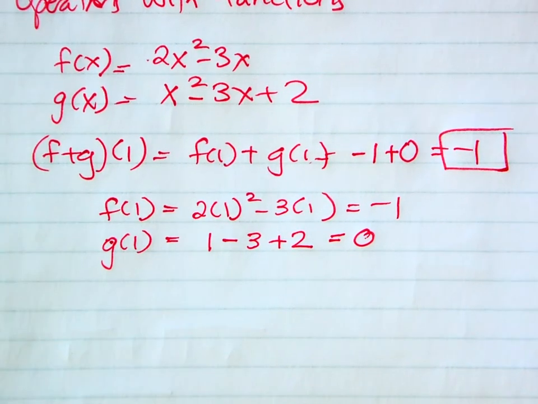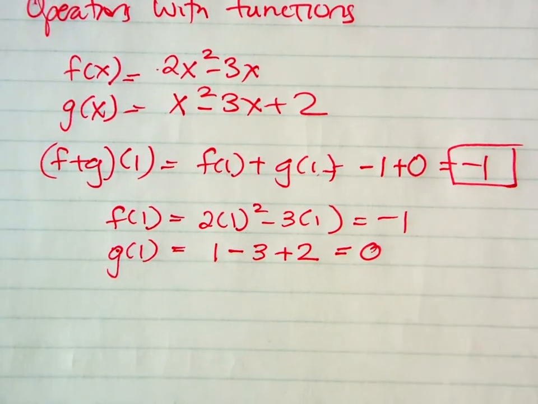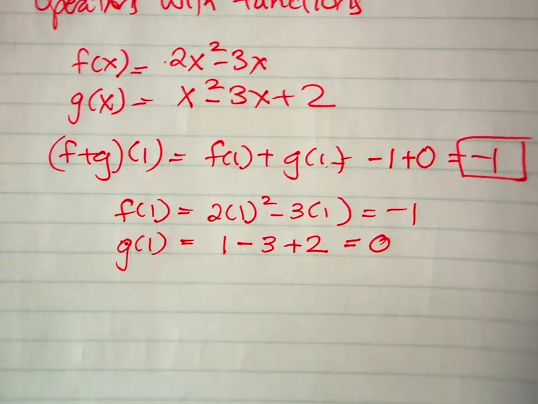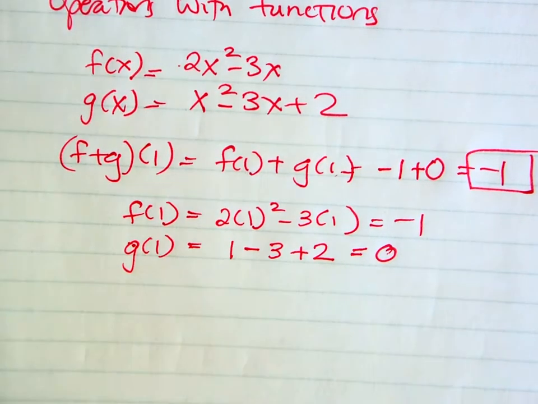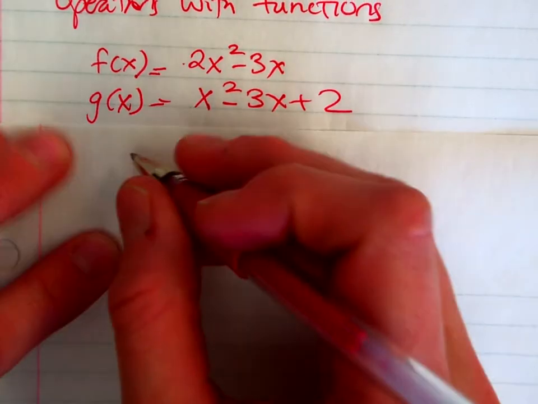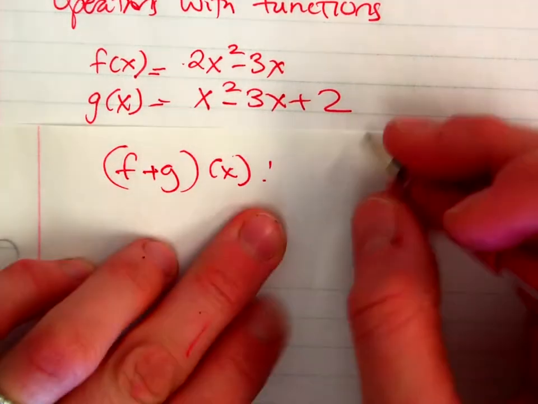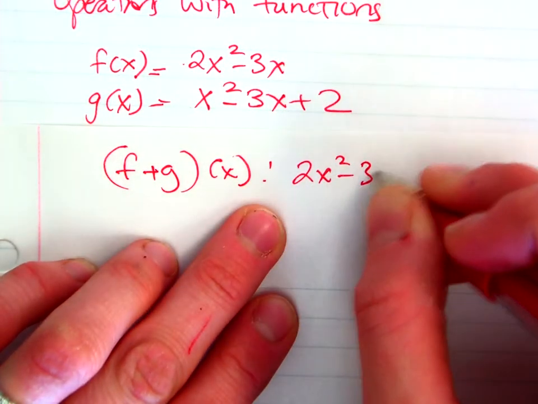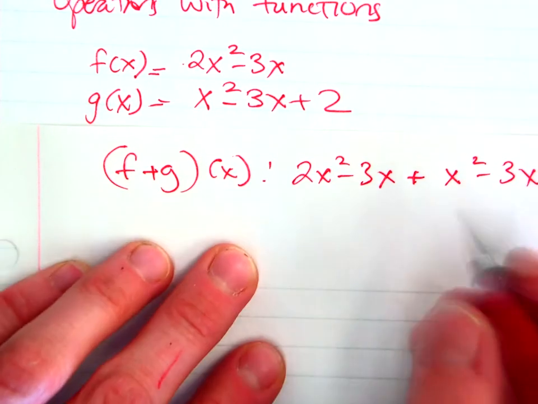Then we get into in general. So if in general I wanted maybe f plus g of x, I would take f and add it to g, and then combine like terms.